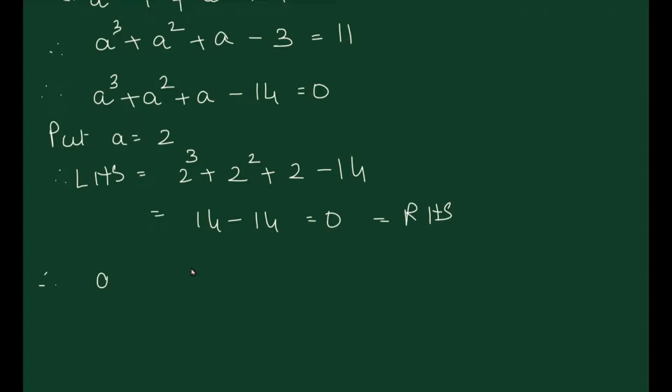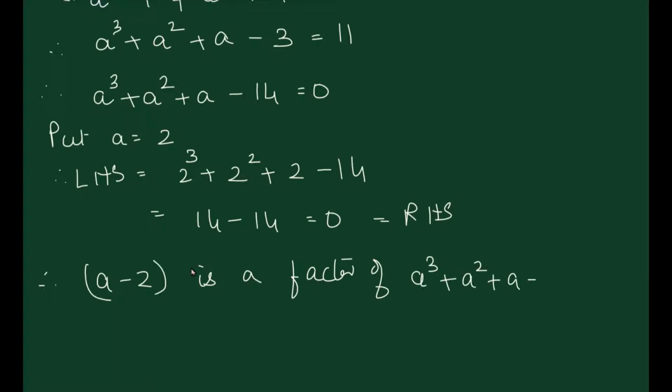And therefore we write that a minus 2 is a factor of the given expression, that is a cube plus a square plus a minus 14. So a minus 2 is a factor of this particular expression.